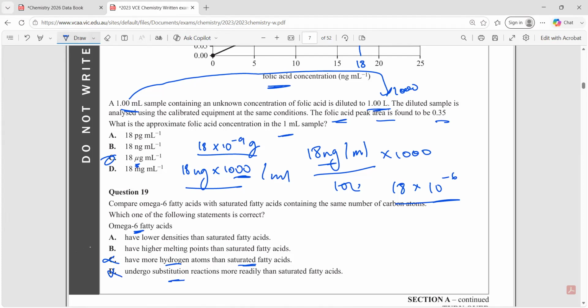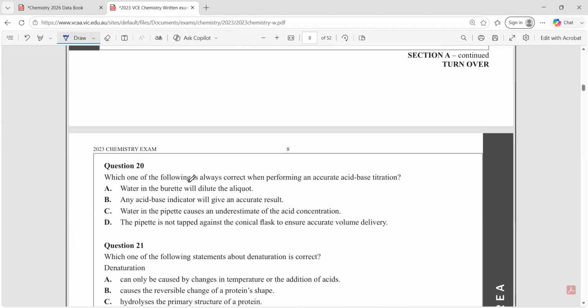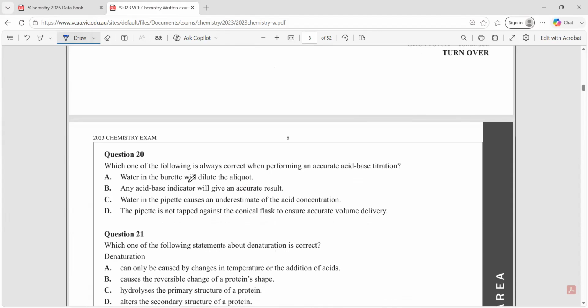Have higher melting points? I don't think so, right? Because saturated fatty acids, obviously, are able to pack more tightly, as I said before. Introducing a double bond will prevent the molecules from packing as tightly. So I'd say it's A. They're lower densities. Yeah, I agree. Because again, they can't pack as tightly.